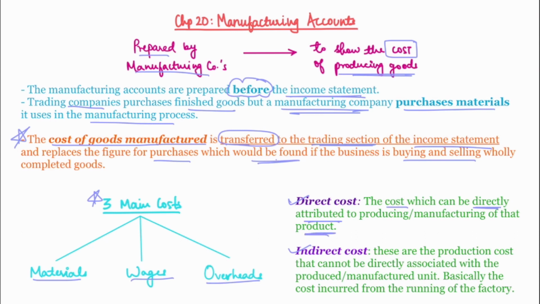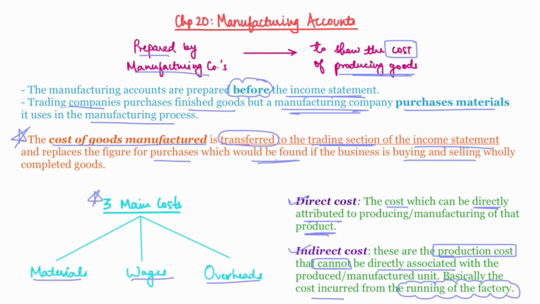This includes direct materials, direct labor, which we'll see further in the video. And indirect costs are those production costs that cannot be directly associated with the produced or manufactured unit. It is basically the cost incurred from running of the factory. Includes heating and lighting, etc. We'll again see this in the further video.